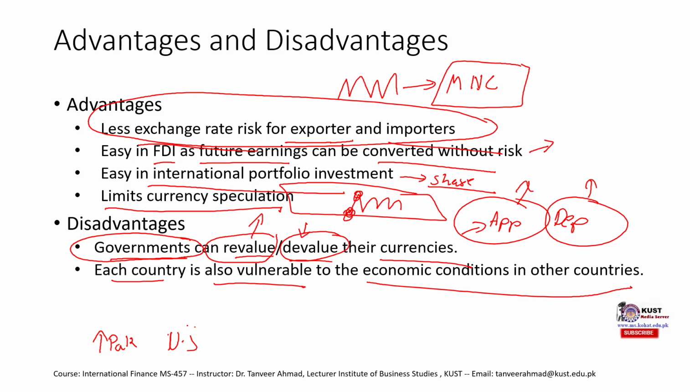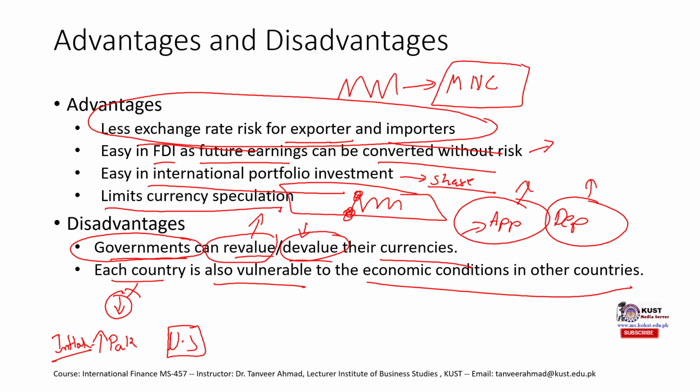Now assume that although US inflation remains the same, Pakistan's inflation increases, right? And we have a fixed exchange rate system. In previous examples, we always assumed that when inflation increases in one country, its currency would depreciate, right? And that shock of inflation would be absorbed by the currency. But in a fixed exchange rate system, this shock absorber is not there.